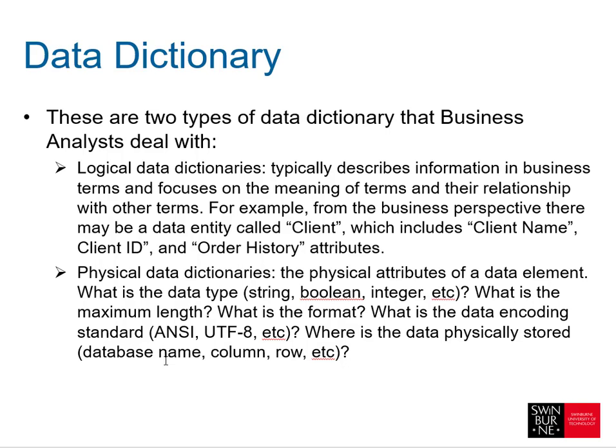What are the data recording standards, so where physically the data is going to be stored, what are the database name, columns, rows, etc. All these physical attributes we describe using physical data dictionaries. So now let's go through some logical data dictionary examples.